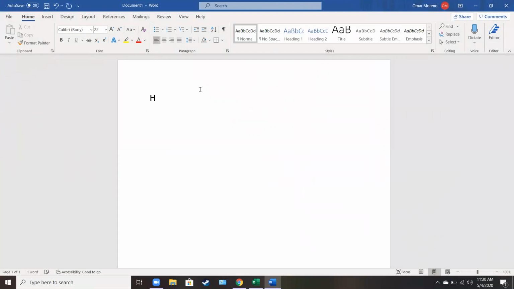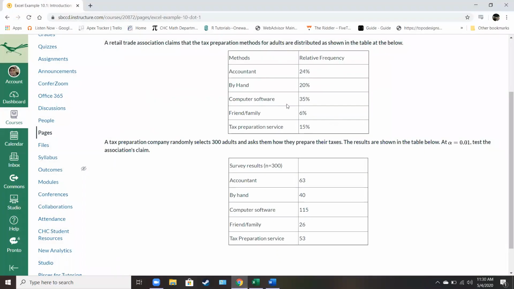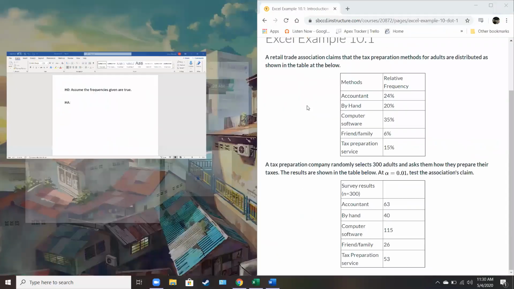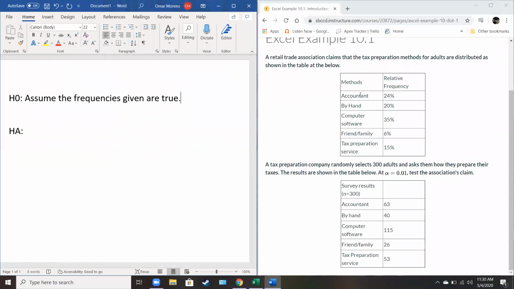Let's describe what the null hypothesis and alternative hypothesis is going to be, right? So the null hypothesis in these types of problems is always going to be, we're going to assume the percentages are true. So we're going to assume the frequencies given are true. You can write this a bit more long-windedly, right? Assume that the percentage of adults who use an accountant is 24, by hand 20, right?